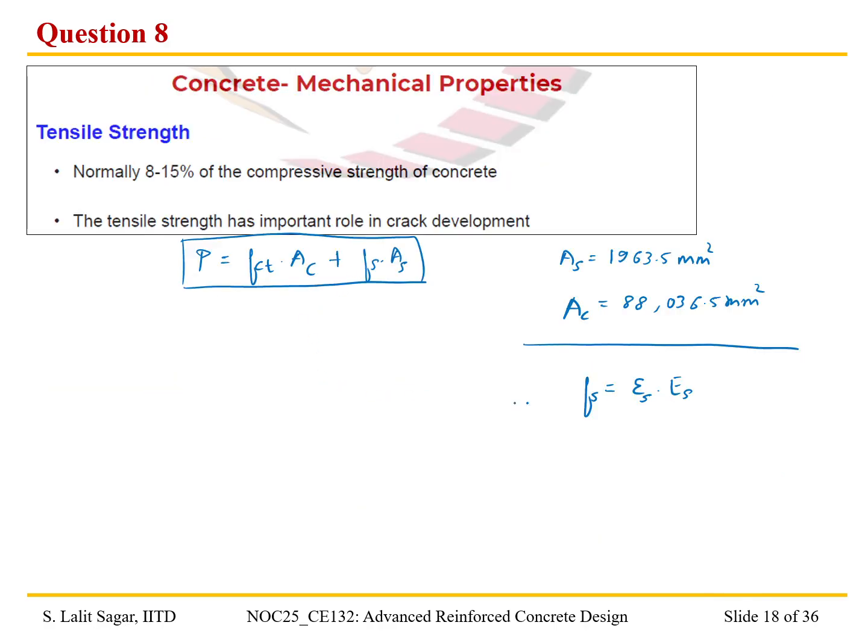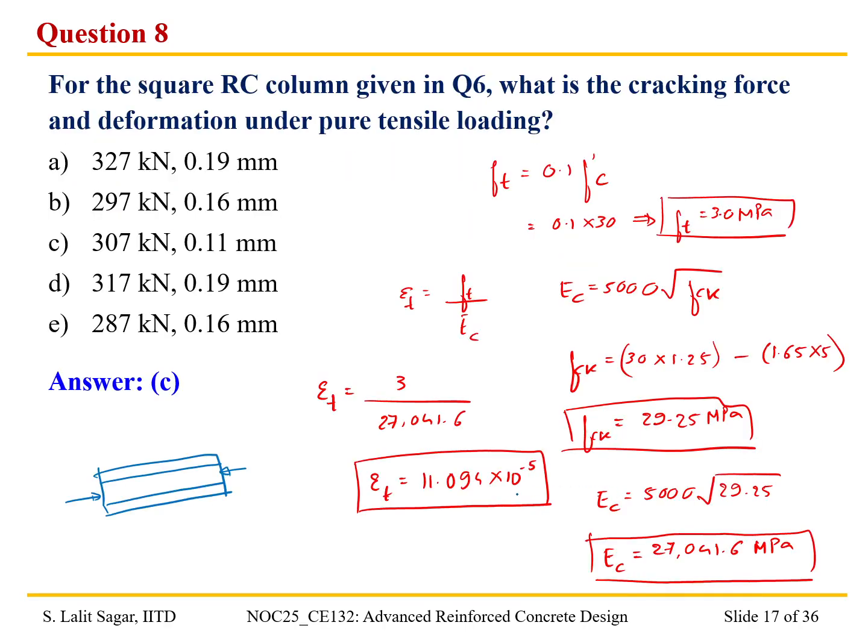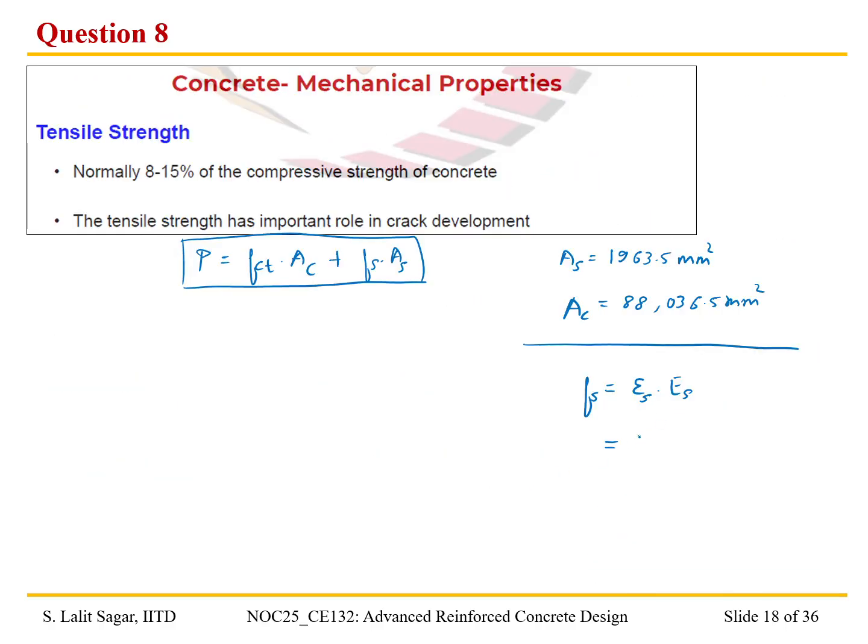So from that we can determine the value of Fs, which is nothing but, what is epsilon S? Epsilon S is 11.094 into 10 to the power minus 5, into the elastic modulus of steel. So we get the value of Fs as 22 MPa. I have simplified this particular value.